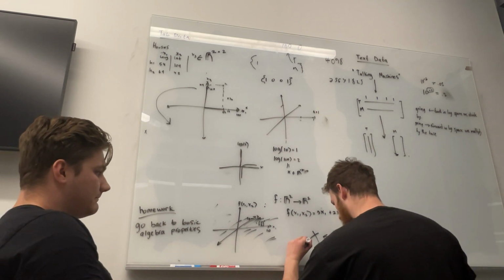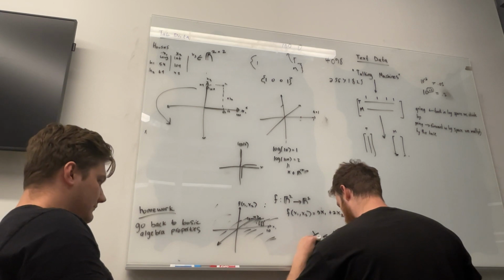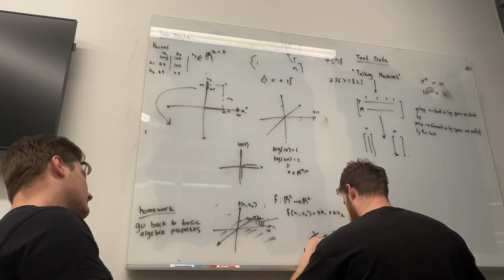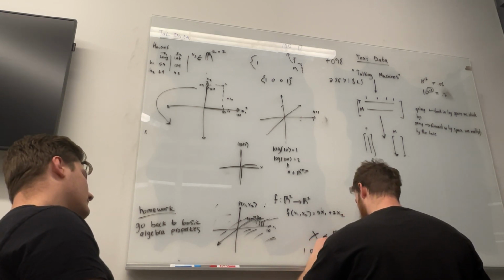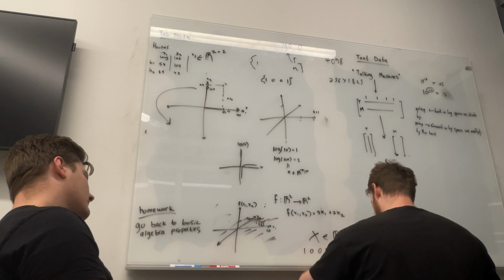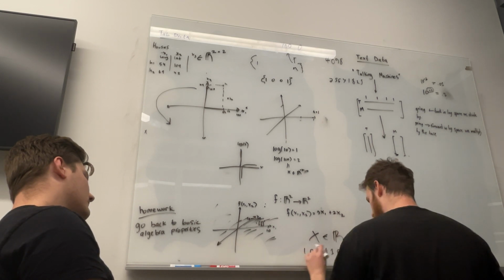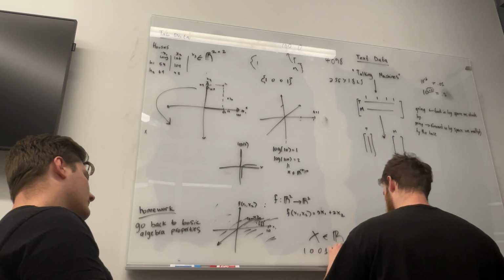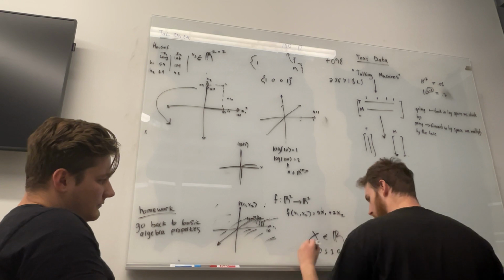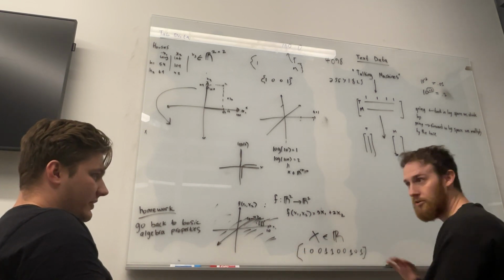It would just be like, let's just do 1, 0, 0, 1, 1, 0, 0, 1, 0, 1. And then there's some other image values underneath it.